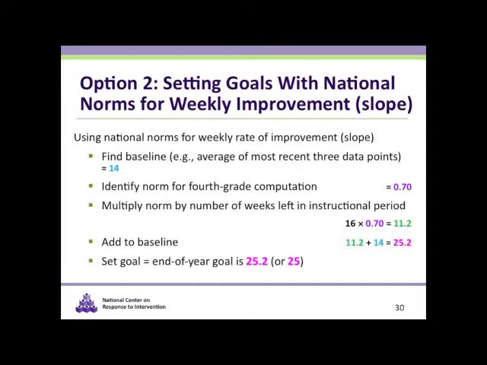If there are 16 weeks left, multiply 16 by 0.70, which equals 11.2. Add 11.2 to the baseline average of 14, which equals 25.2. This sum is the end of the year performance goal. This sum, 25.2, would be plotted on the student's graph and a goal line would be drawn.